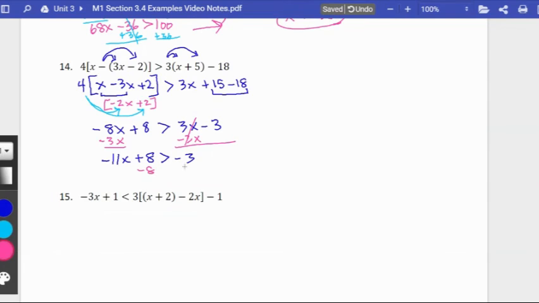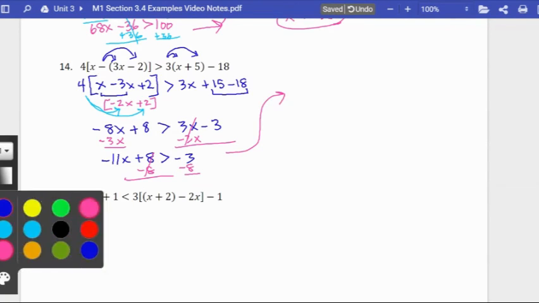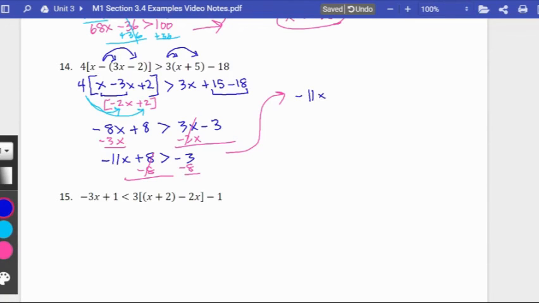I'm going to subtract 8 from both sides. I have minus 11x is greater than minus 11. Divide by minus 11 on both sides. And since I'm dividing by a negative, I have to flip the sign. And I get x is greater than 1.